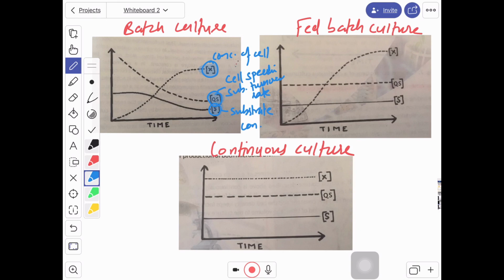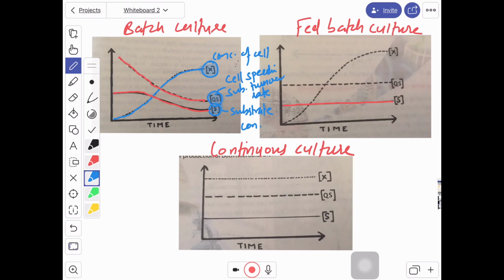You can see in the batch culture, cells initially are less in amount, slowly they increase. Initially the substrate is very high, and slowly when they are used up, the substrate concentration gets reduced. QS, the cell specific substrate turnover rate, is also initially very high and then declines. When you come to fed batch culture, we are adding substrate continuously or sequentially so that the substrate concentration remains constant.